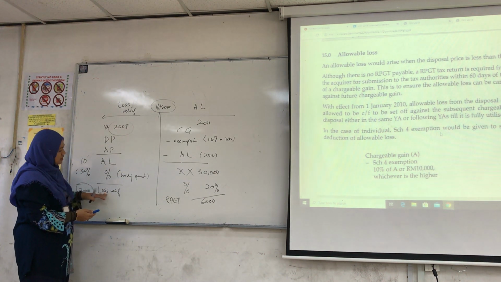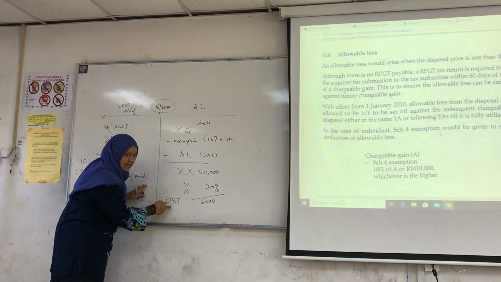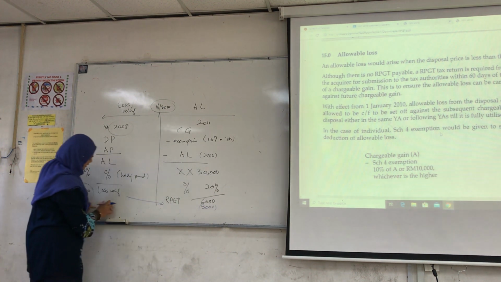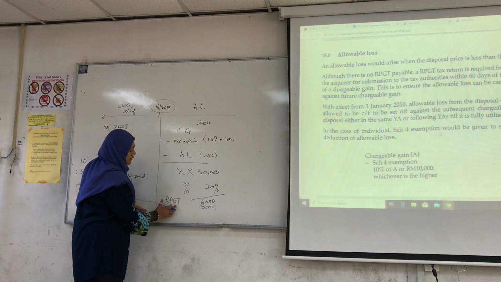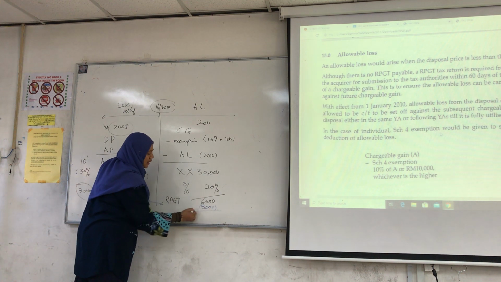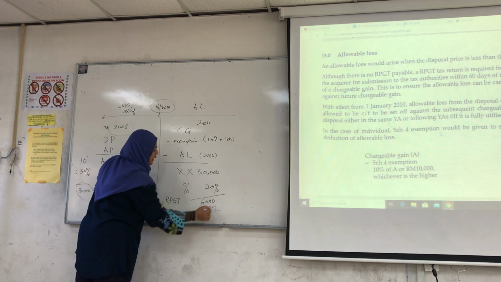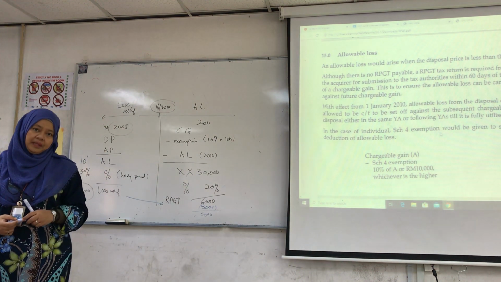So what happened to this loss relief? Loss relief is used to set off against RPGT payable. So you minus your 3,000 here. Remember, your loss relief is 3,000. So that loss relief is set off against your RPGT payable, which means that at the end of the day, for the disposal in 2011, you only have to pay the balance 3,000 RPGT payable.